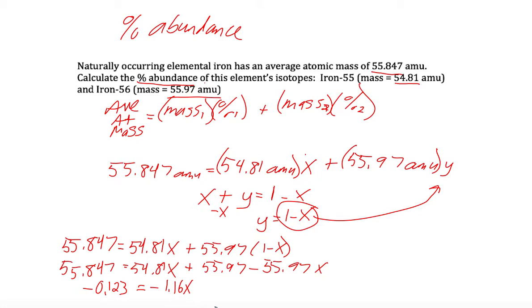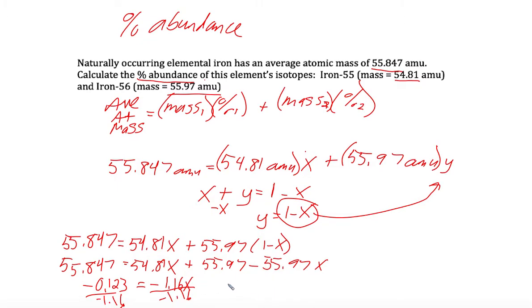Now I can divide both sides by negative 1.16, and I end up with x equals 0.1060.